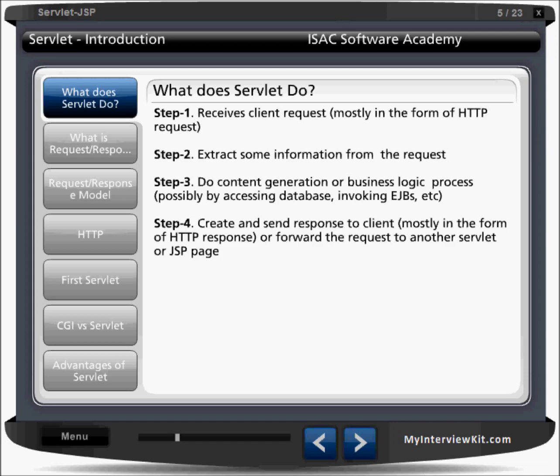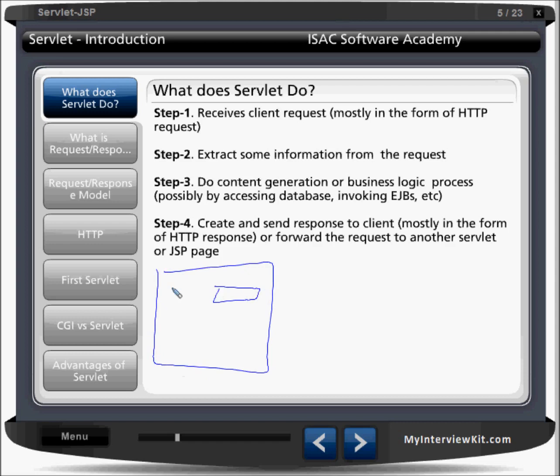The client sends a request to some server, then the servlet will receive this client request, mostly in the form of an HTTP request, and extract some information from whatever you are sending. Let us say you are sending a username and password. So consider you are having a login form on the page.